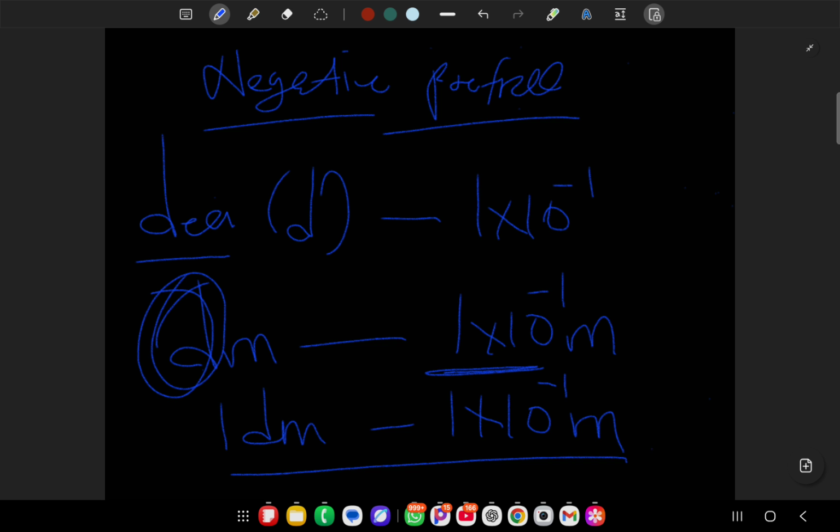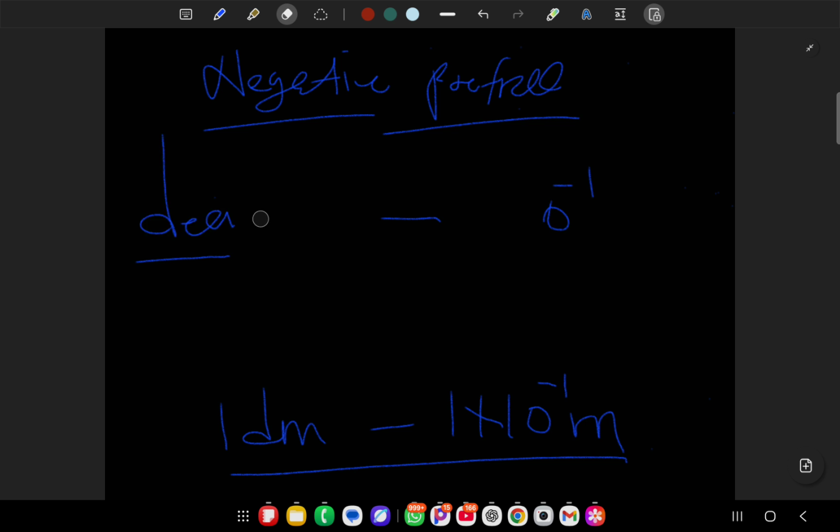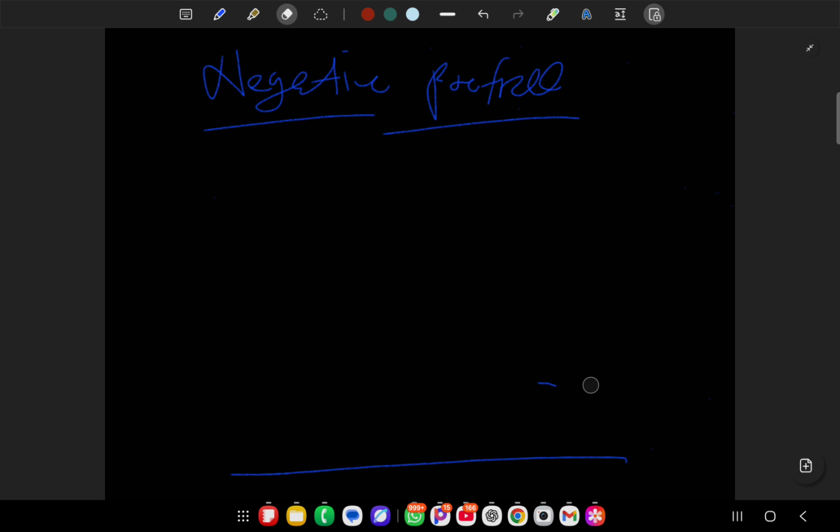That's what it means. Another one, I'm talking about the ones with negatives. Apart from deci, we have centi, not centimeter, but centi.